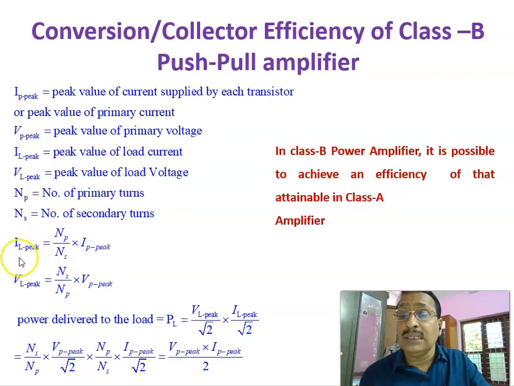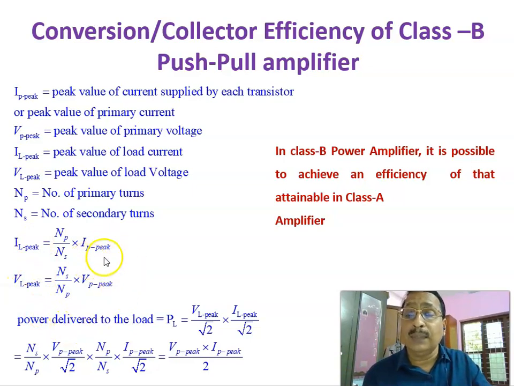Therefore, we have written the load current as well as the load voltage maximum values in terms of the primary maximum values. Then the power delivered to the load is given by the RMS value of the voltage across the load times the RMS value of the current through the load, that is VL peak divided by root 2 into IL peak divided by root 2.